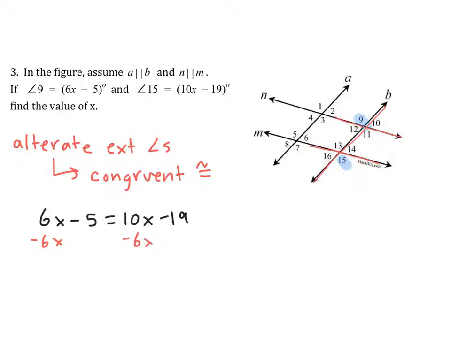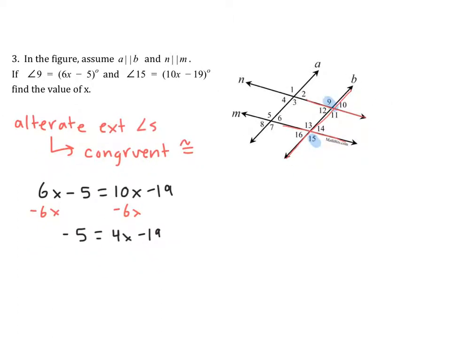So I'm going to subtract x from both sides, and then I'm going to add 19 to both sides. So we end up with 4x equals 14. Divide by 4.